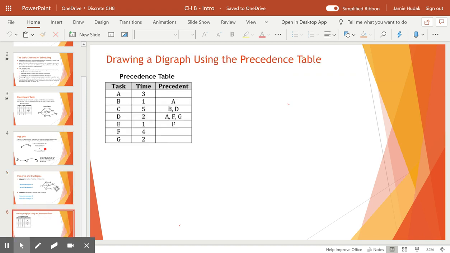All right. And our last slide is how do we draw a digraph from a precedence table? And we can see here that we start with the empties. Anything that has an empty precedence is going to be connected to a vertex that we call start. So let's start by drawing our start vertex.